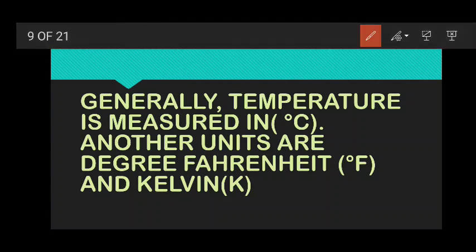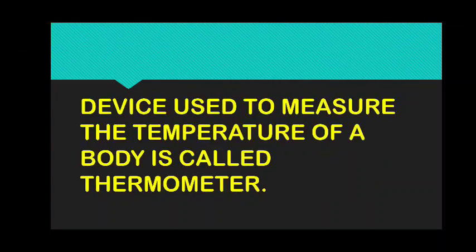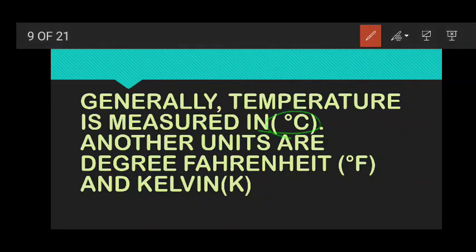The SI unit of temperature is Kelvin, but generally temperature is measured in unit degree Celsius, and this is the way to represent the degree in short form. Clear? Another unit of temperature is degree Fahrenheit, and this is also written in short form like this. Always we write Kelvin in the symbol form capital K. We don't write degree K.